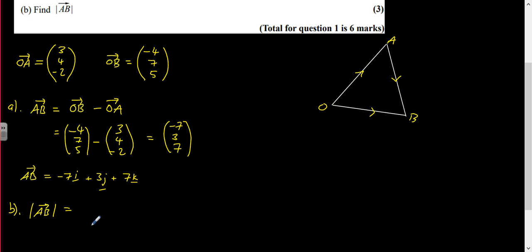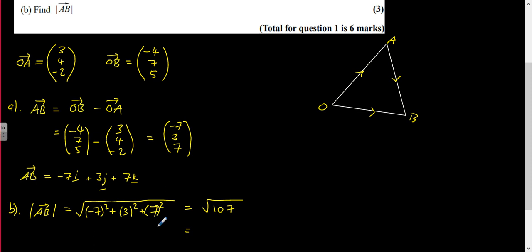And it doesn't matter that we're using 3D vectors either, because it's just Pythagoras theorem in 3D. So we've got minus 7 squared plus 3 squared plus 7 squared, which comes out as the square root of 49 plus 9, 58, plus 49, 107. So square root of 107.